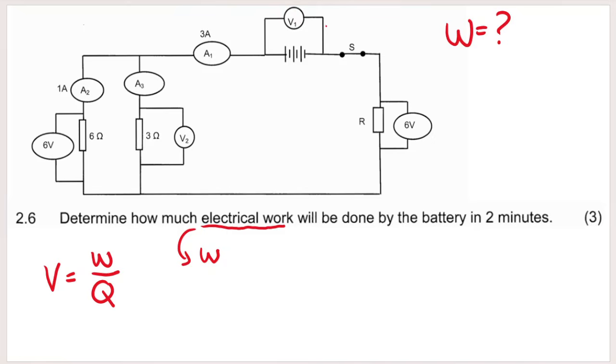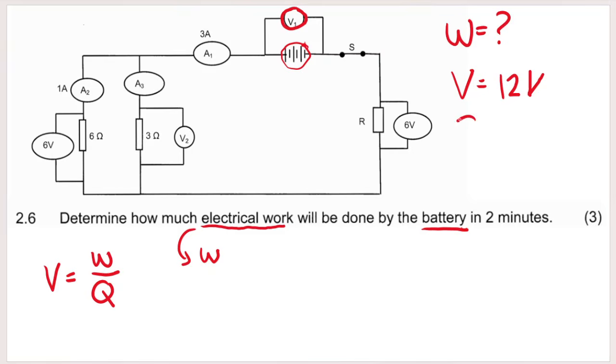Now read the question carefully. They say the work done by the battery. Do I have V? Do I have the potential difference across the battery? Yes, I do. It's my reading on V1. And remember, we worked out the reading on V1 as being 12 volts. So I do have that reading, 12 volts.